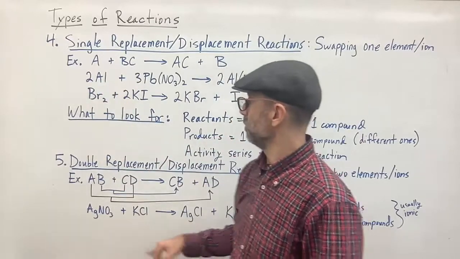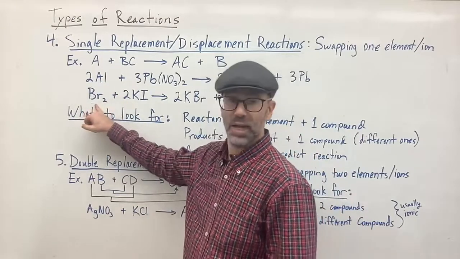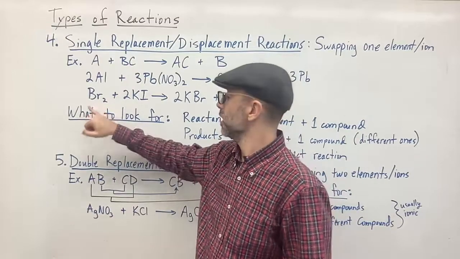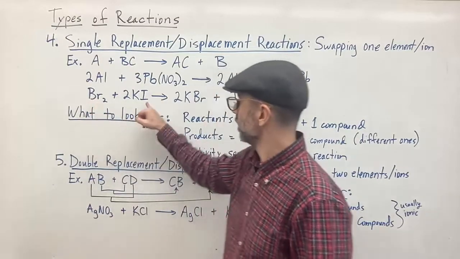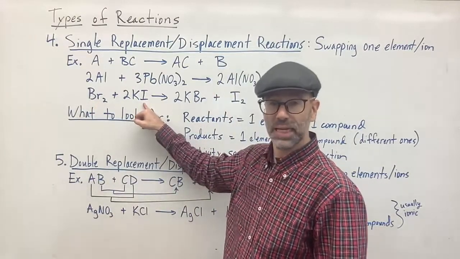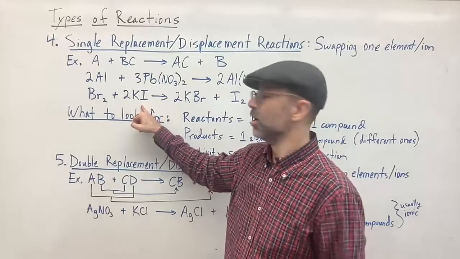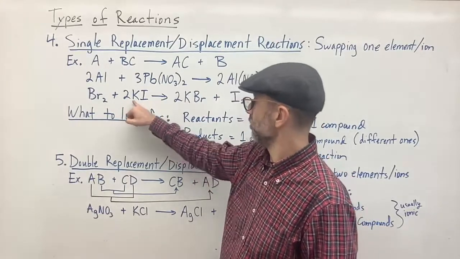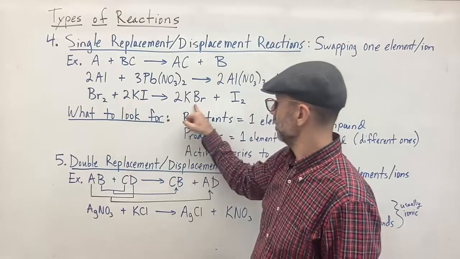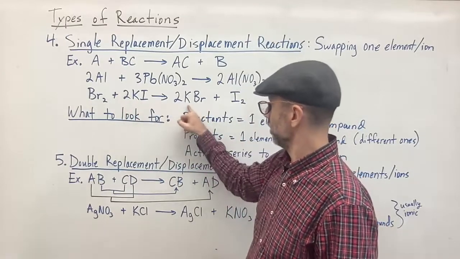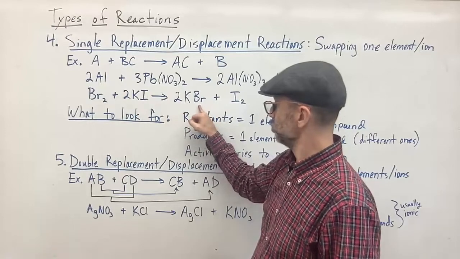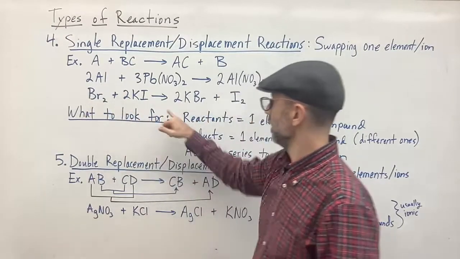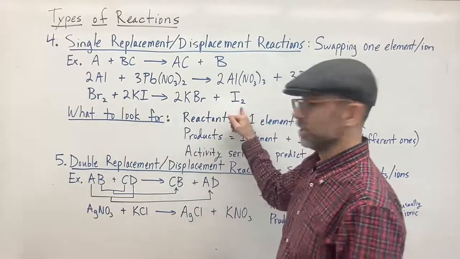If you have a nonmetal by itself, so here you have the element by itself, it's a nonmetal. So then this nonmetal will kick off that nonmetal and replace it or displace it, right? So then what you'll end up with is KBr instead of KI. So the metal goes with this new nonmetal. And then iodine is now by itself.